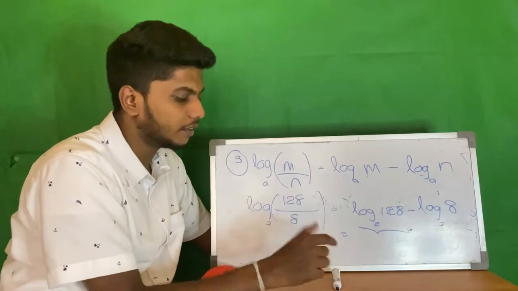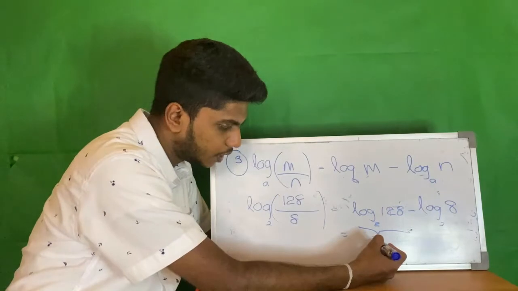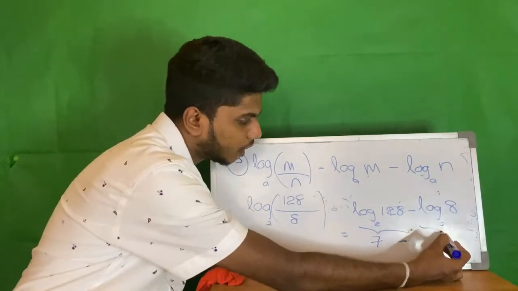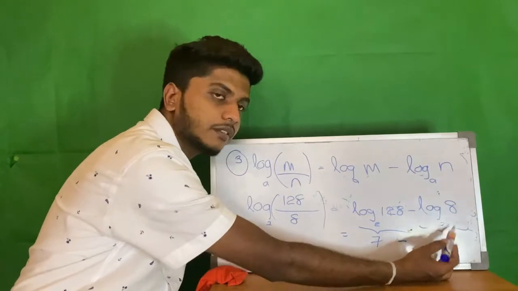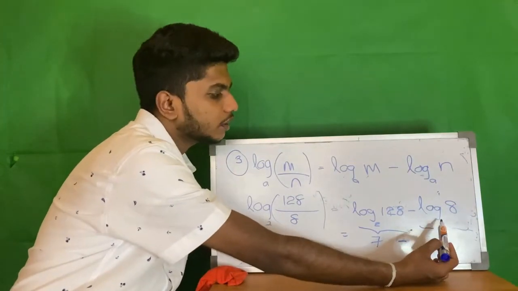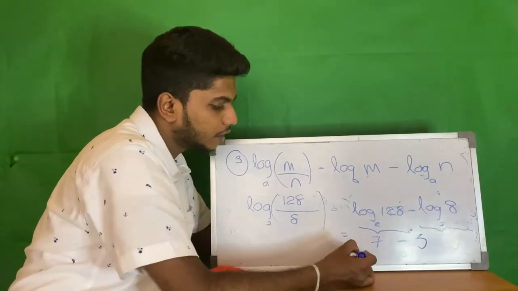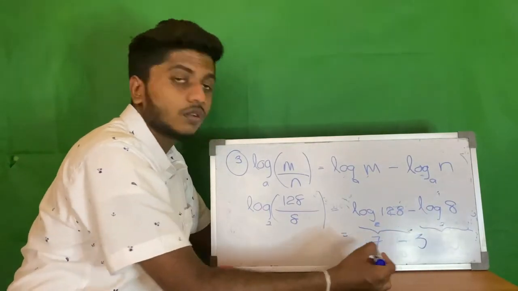That means 2 to the power 7. Here the answer is 7, and you have to subtract from it the power of 8 in base 2, that is 2 to the power 3. So 7 minus 3, the answer is 4.